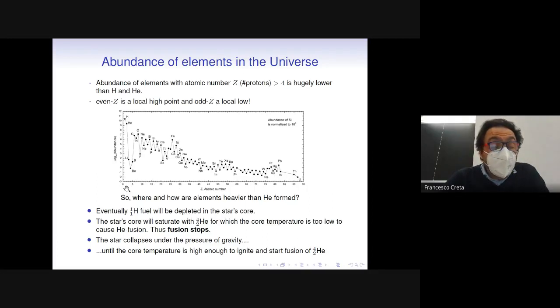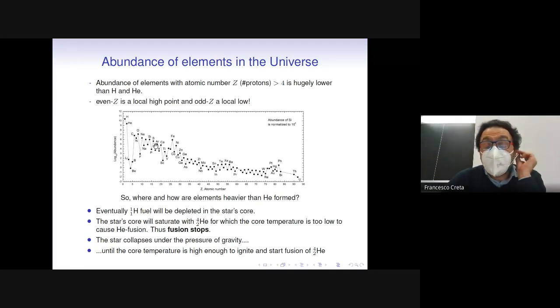As you go to atomic numbers bigger than 4, and this is a logarithmic scale, so the difference between here and here is huge, you see that the abundance of other elements is far, far smaller than hydrogen and helium. Not only that, but you see that it also zigzags a little bit.